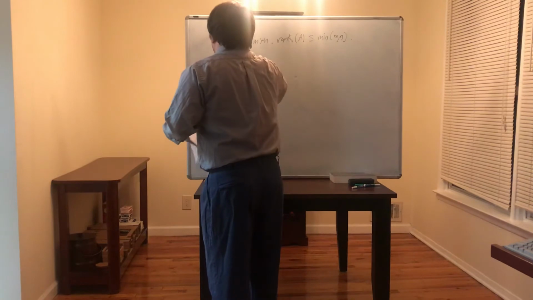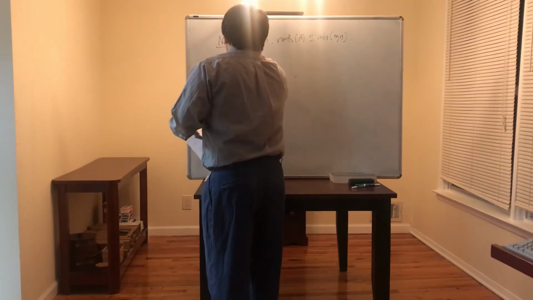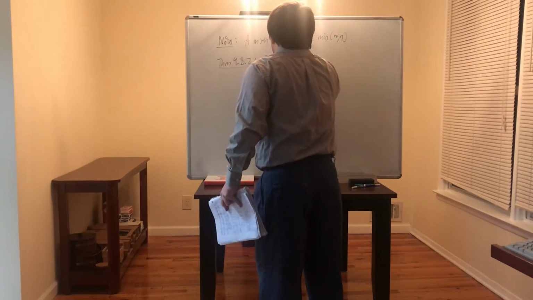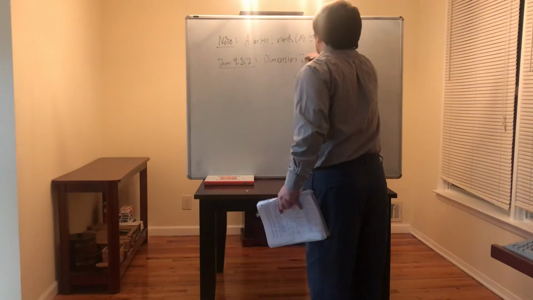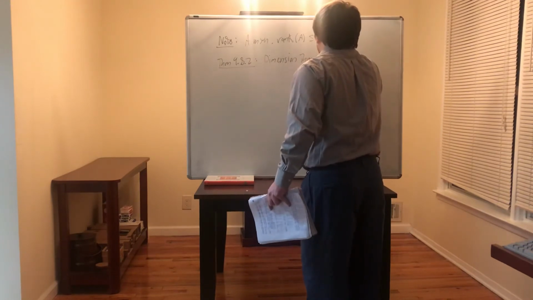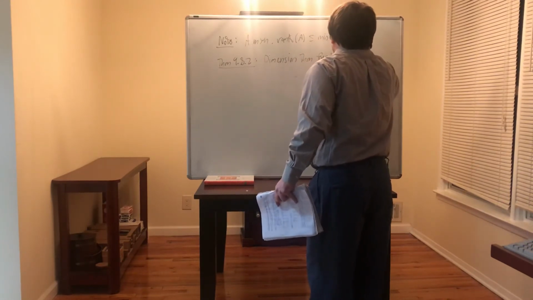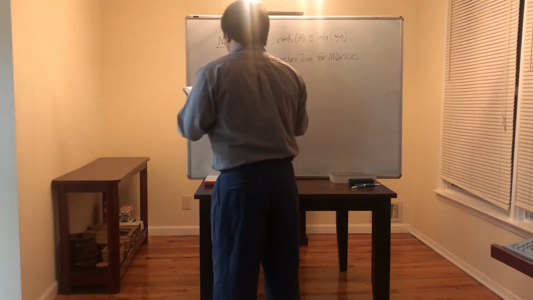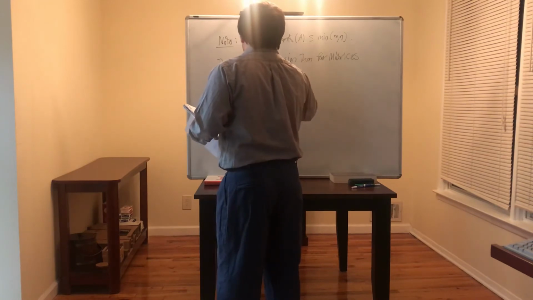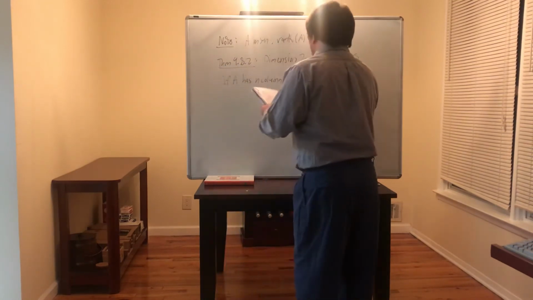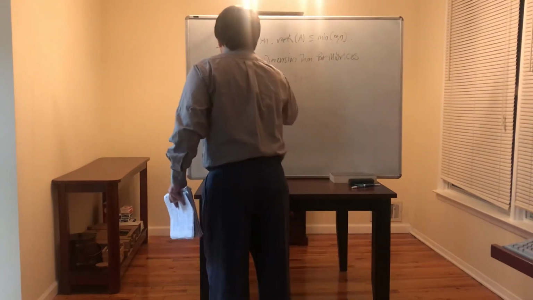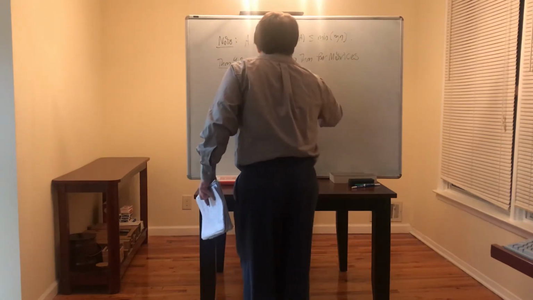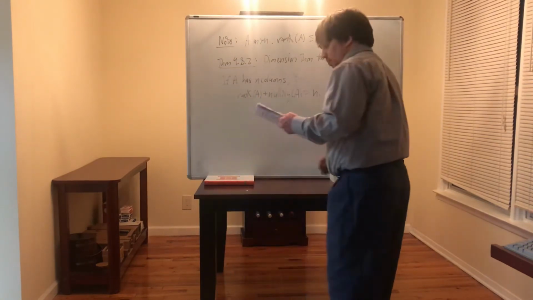So theorem 4.8.2, the dimension theorem for matrices. If A is a matrix with n columns, then the rank of A plus the nullity of A is equal to n.